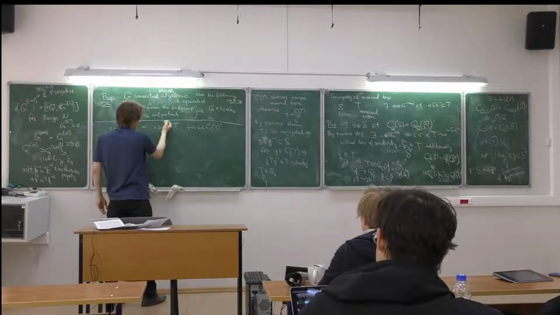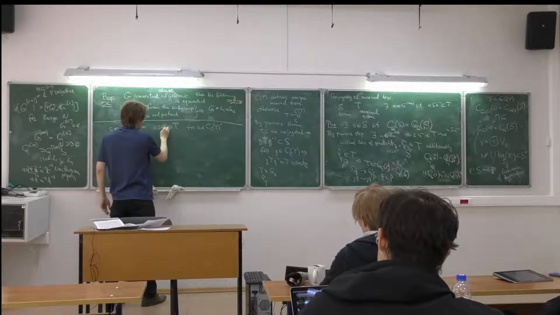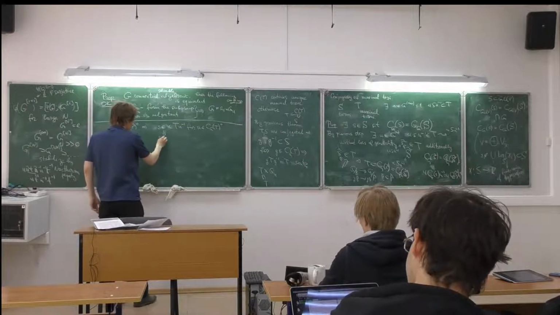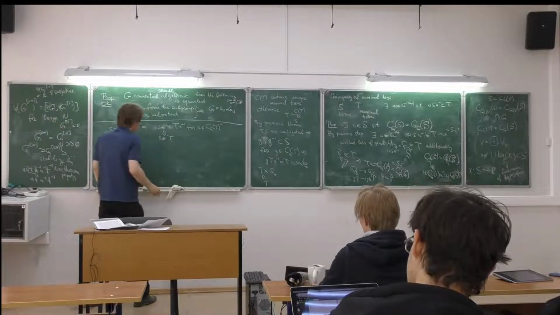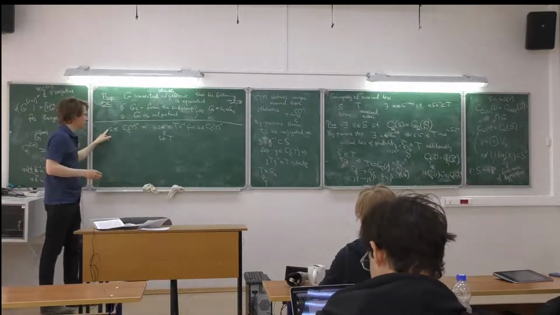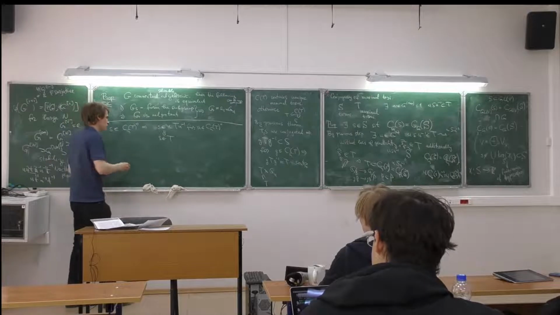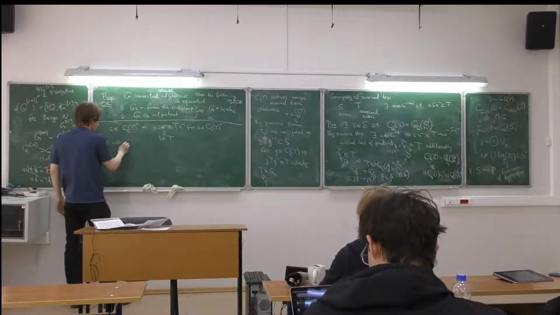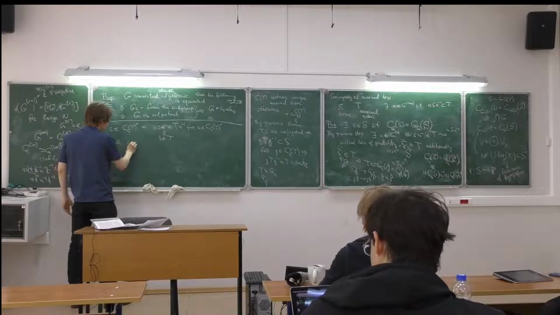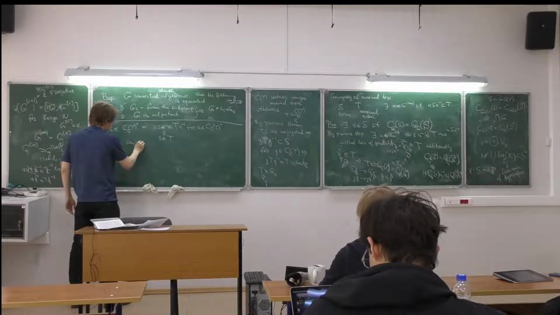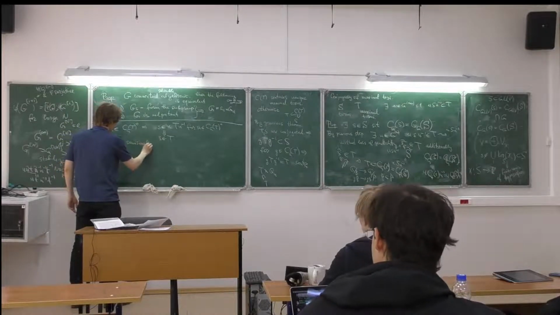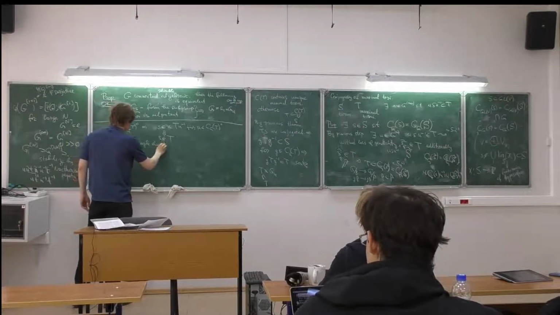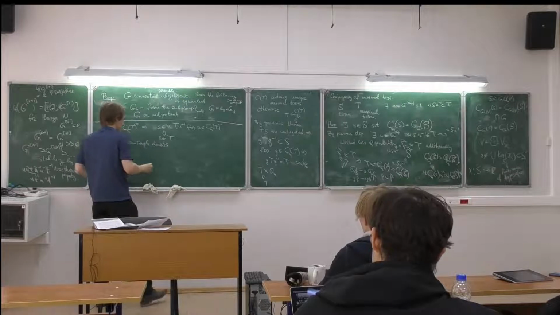So this implies that s belongs to T. So any semi-simple element belongs to the torus. That means that all semi-simple elements coincide with the torus.